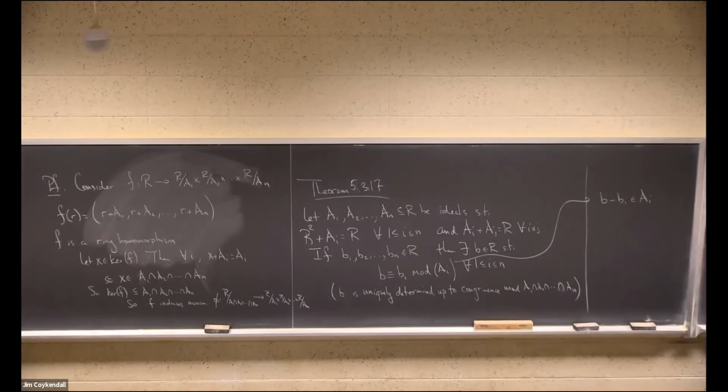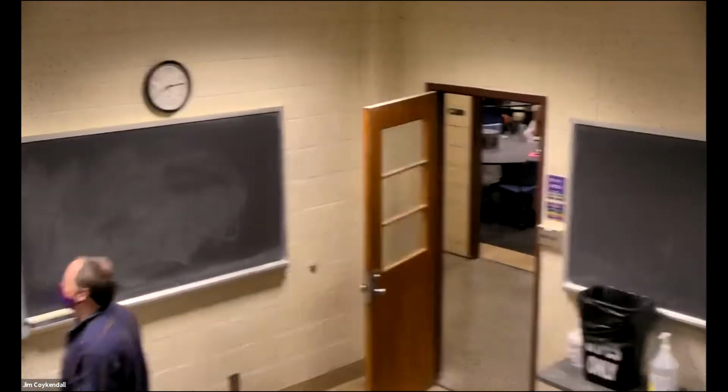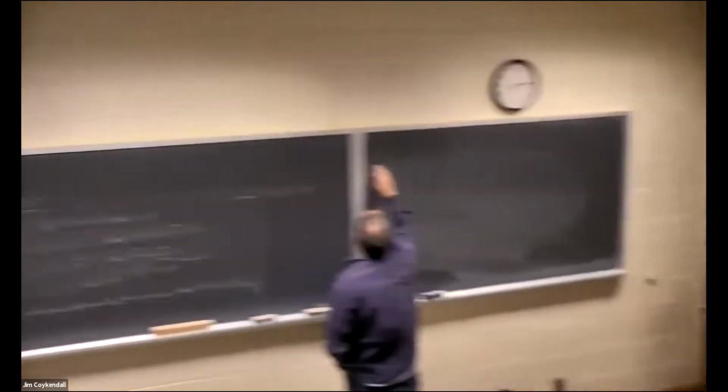Let me actually prove the corollary as an entity unto itself. Let me show that under these conditions we do get an isomorphism.